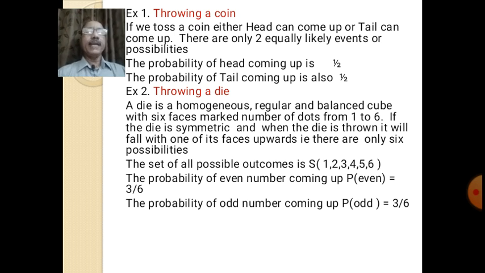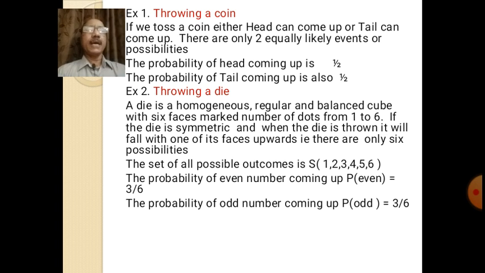The probability of head coming up is 1 by 2 and the probability of tail coming up is also 1 by 2. There is no other possibility, isn't it? There are only two possibilities.